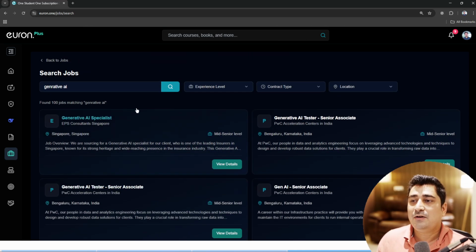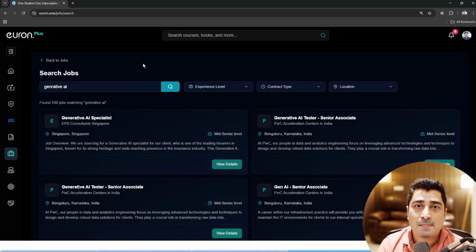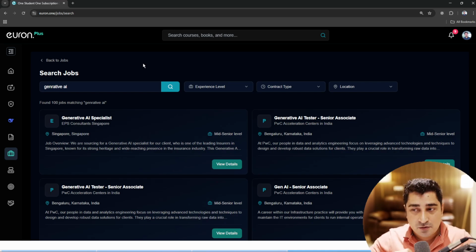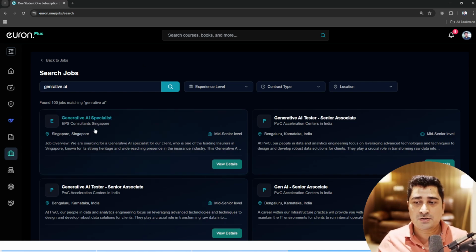To do that, we have to go to n number of websites and scrape that data, maybe from their career pages or from different places. How is it possible now? Because of generative AI, we are able to crawl the data, bring the data, and structure the data the way you are looking for. When we crawl, the data is unstructured, so we synthetically arrange everything, and then you are able to see jobs on a daily basis over here.